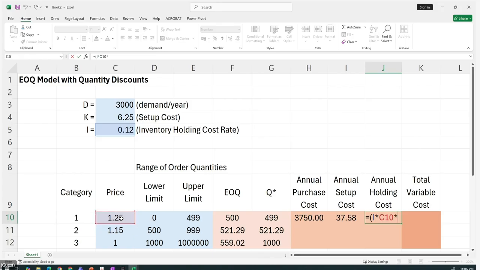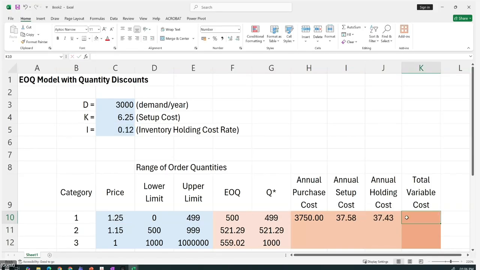So I into the price will become H, into the order quantity divided by 2. I hope you got the idea. I into this is H. Why are we writing it this way? Because the price is changing for each category, and so we are writing it this way.